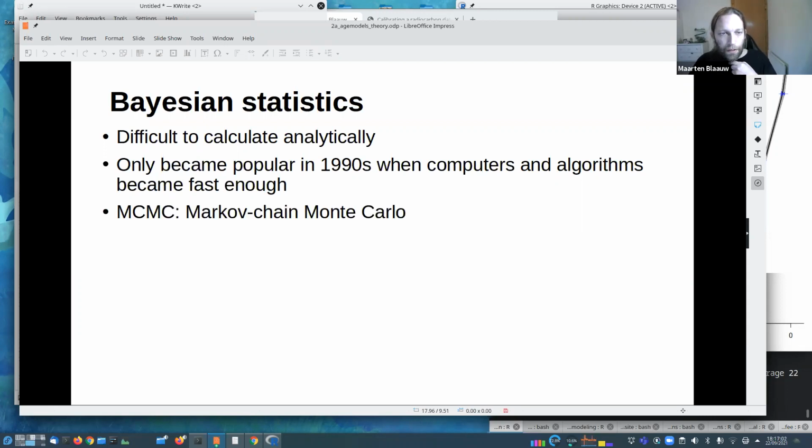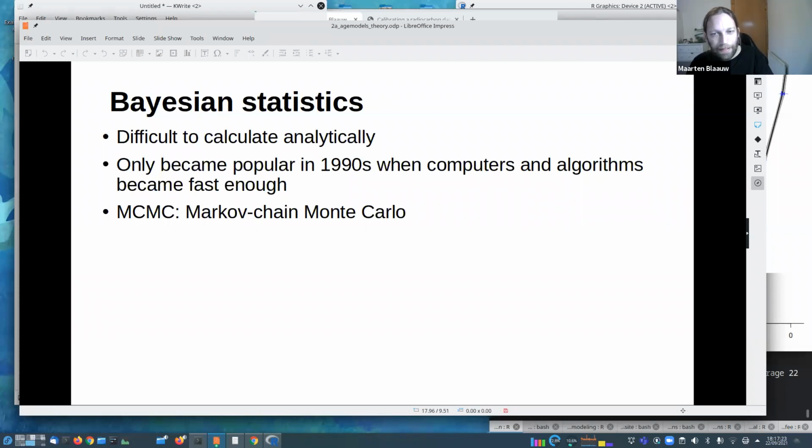So we're using MCMC, Markov chain Monte Carlo. Monte Carlo is simply that you randomly sample a value from a distribution, could be a normal distribution, for example, or a calibrated distribution, and you do that thousands of times and calculate your models.